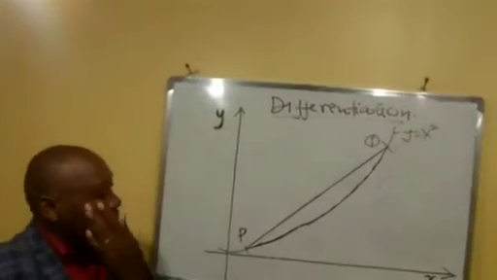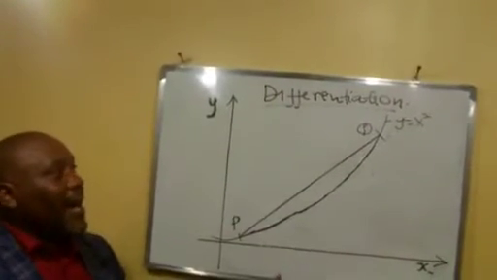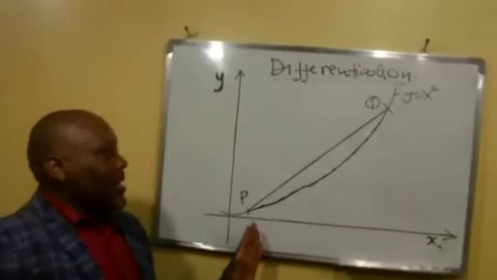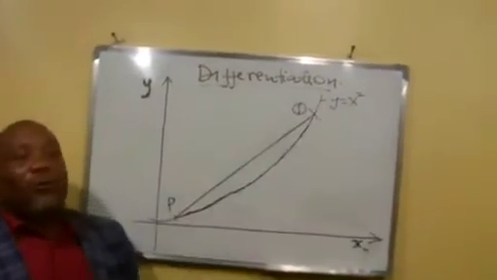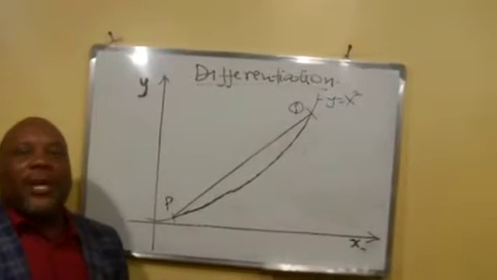The curve given here has 2 points, P and Q, on the curve y equals x squared.